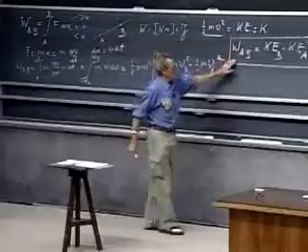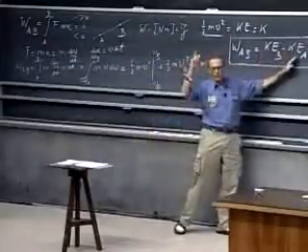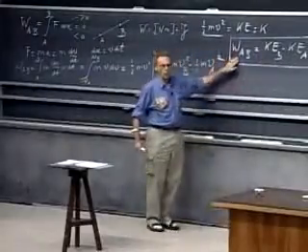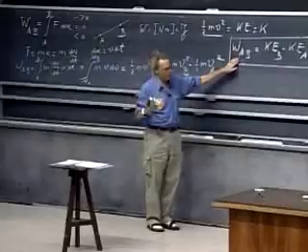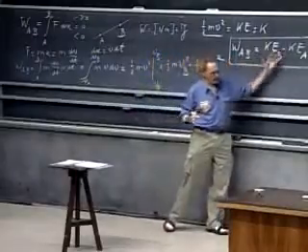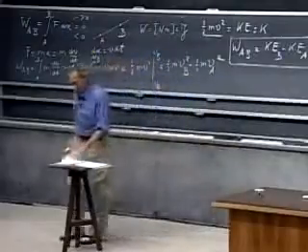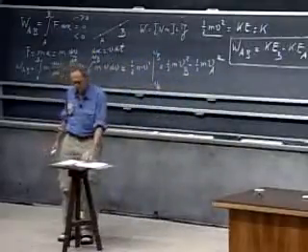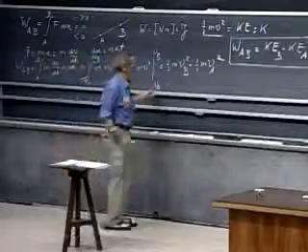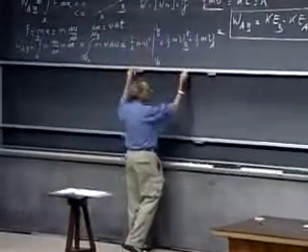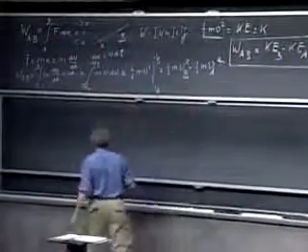If the work is positive, then the kinetic energy increases when you go from A to B. If the work is smaller than 0, then the kinetic energy decreases. If the work is 0, then there is no change in kinetic energy. Let's do a simple example, applying this work-energy theorem.